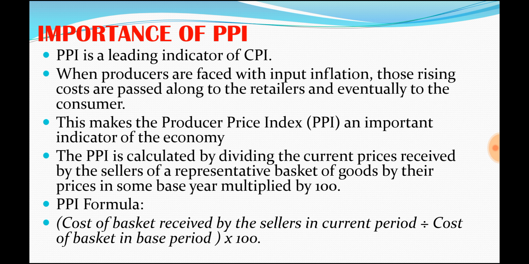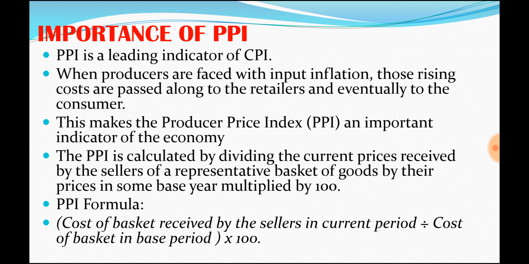The producer price index is an indicator of future change in the consumer price index. What do we mean by that? At the producer level, if the prices increase, it will eventually reach the consumer, because the producer will take some time to produce the product.